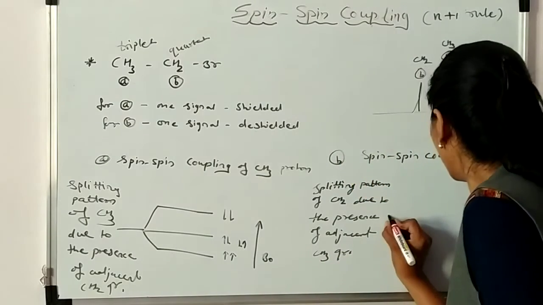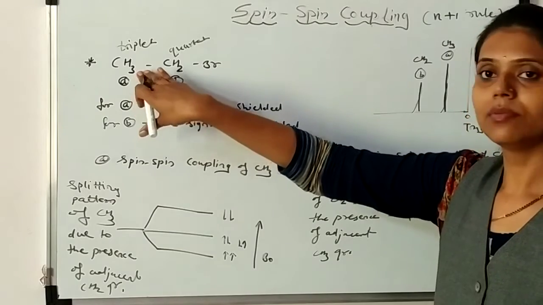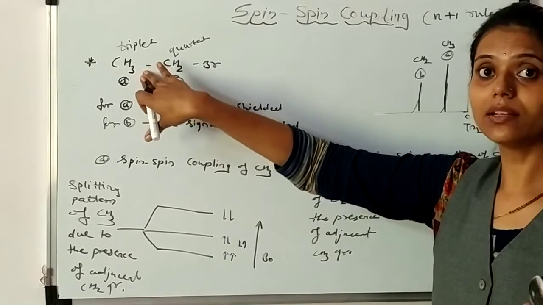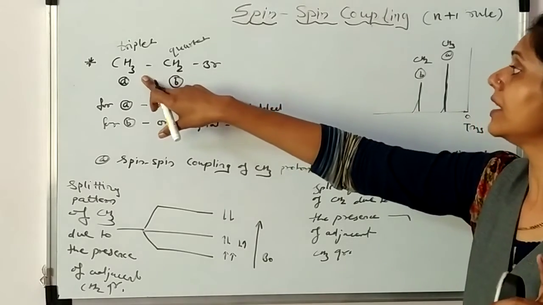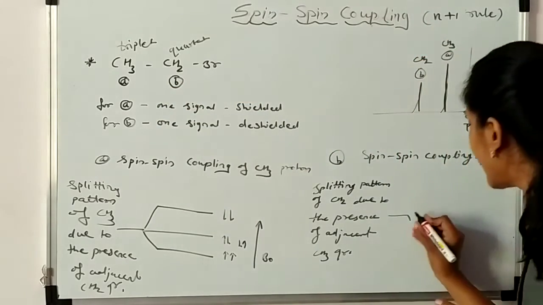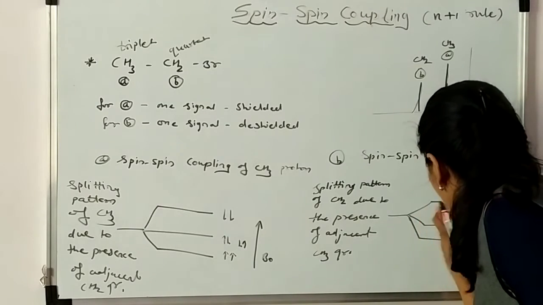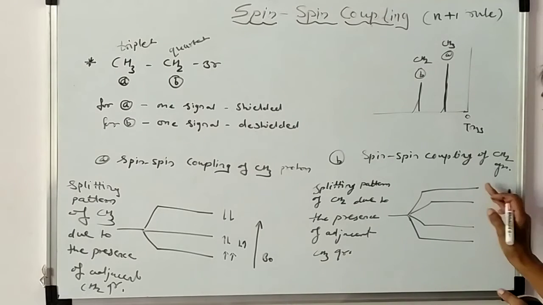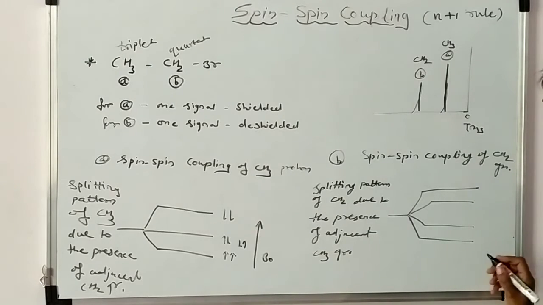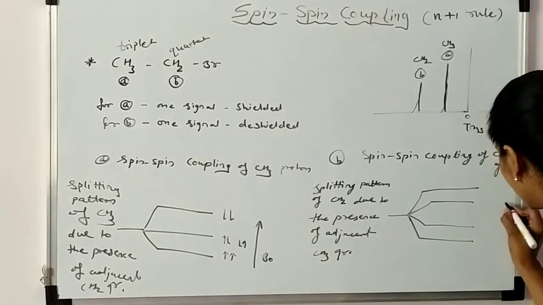Okay, when we draw the adjacent CH3 group, there are 3 nuclei. And from this we know the 3 nuclei give the quartet. So I have drawn here quartet-like energy levels. We know the quartet. Okay, so I have drawn this structure, and we put 3 nuclei here.